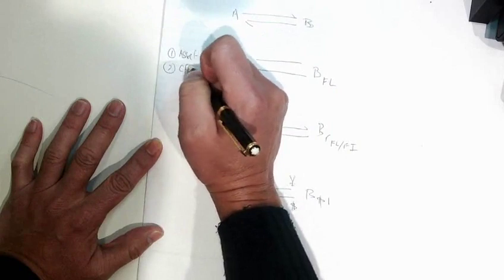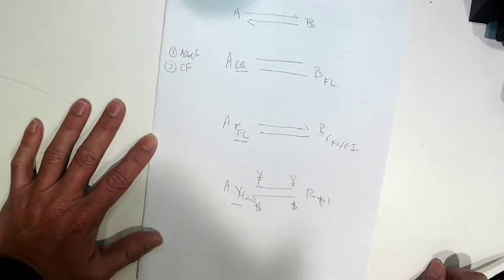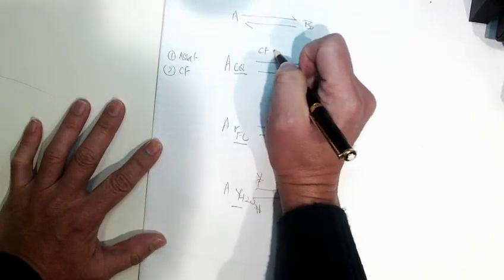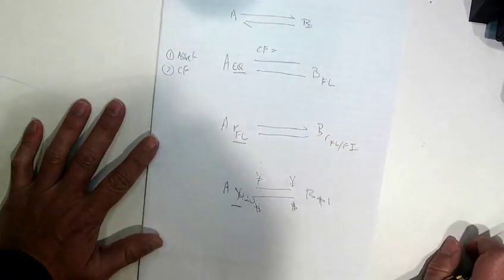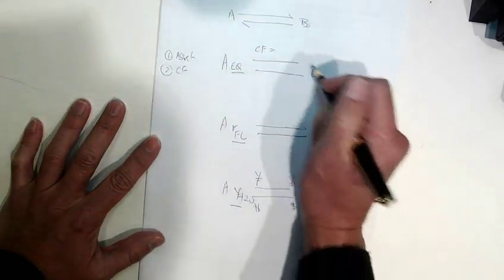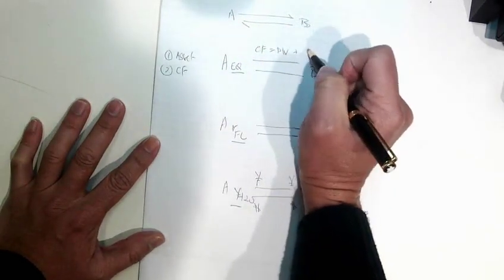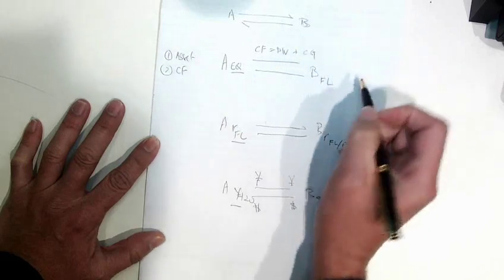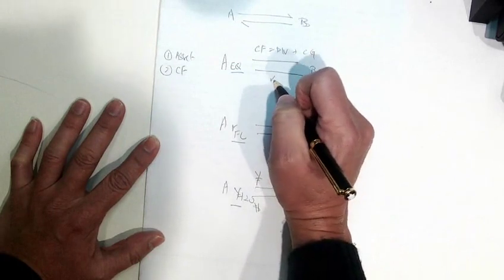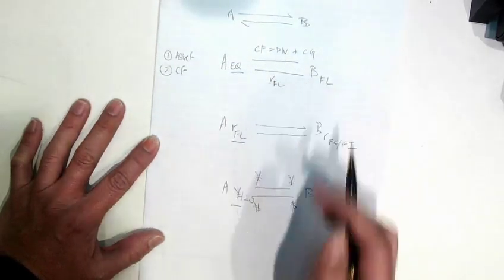And of course then you have to look at the cash flows, because it's an exchange of cash flows. So what is the cash flow for an equity swap? What is the cash flow for equity? Dividend, right? What else? Plus capital gain. And the cash flows for fixed income would simply be the interest rate, the floating interest rates in this case.